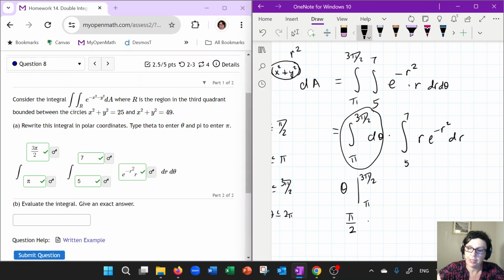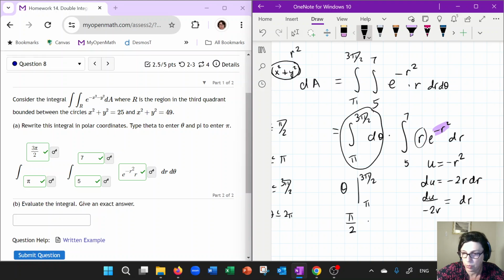From this term, this is where I have to do a substitution. So this is the substitution rule, and I need to know how to do that. The way I do it is I just say, okay, let u be negative r squared. Then du will become negative 2r dr. And so this r is really needed because if I solve this for dr right now, this will become du divided by negative 2r.